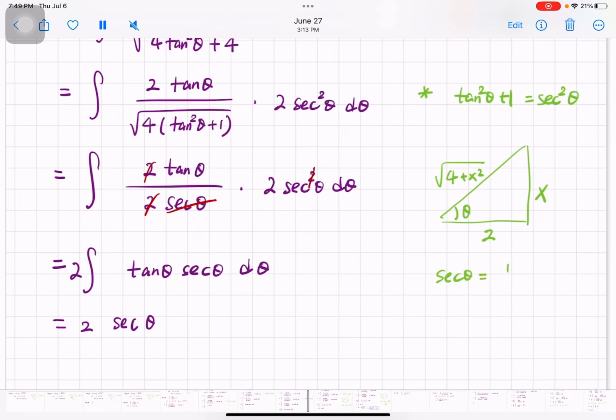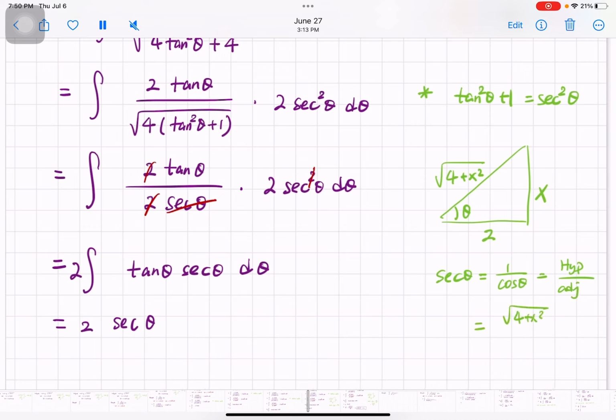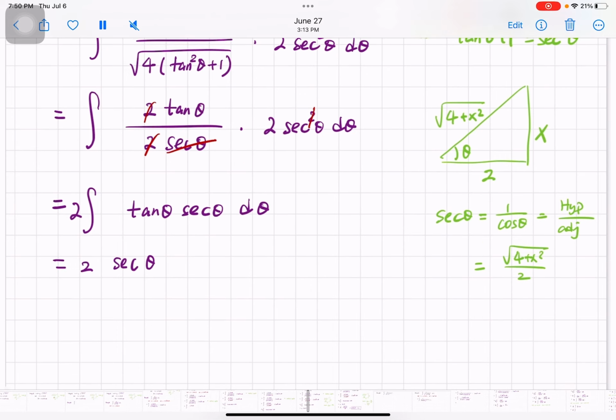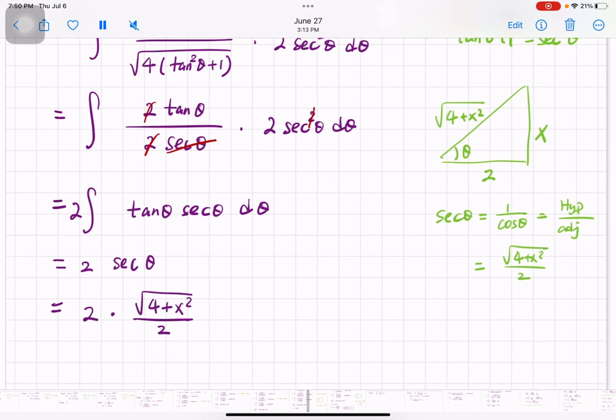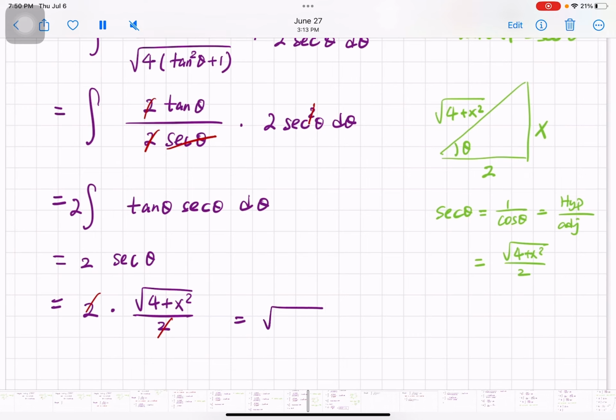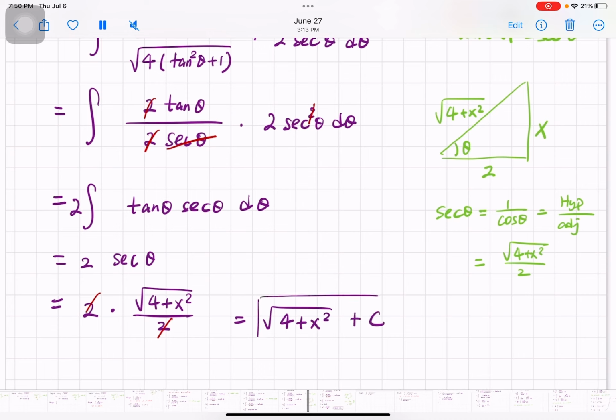And secant is 1 over cosine, which is the hypotenuse over the adjacent, which is the square root of 4 plus x squared over 2. Replace secant theta and simplify the 2. We get the square root of 4 plus x squared plus c as the final answer.